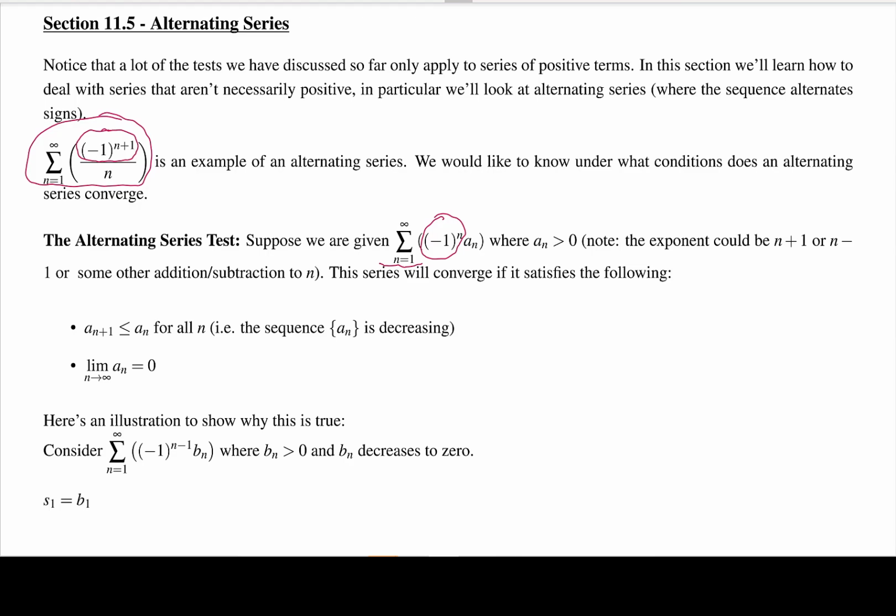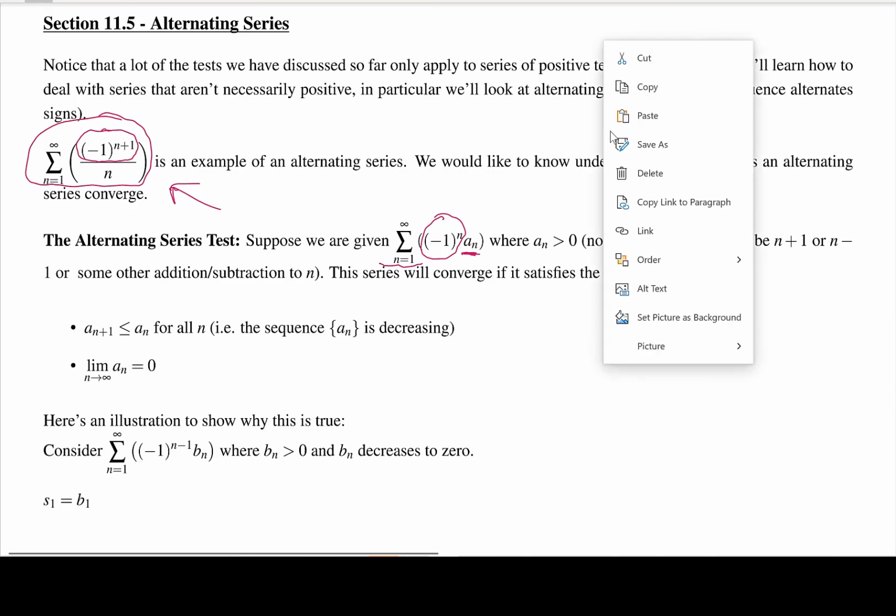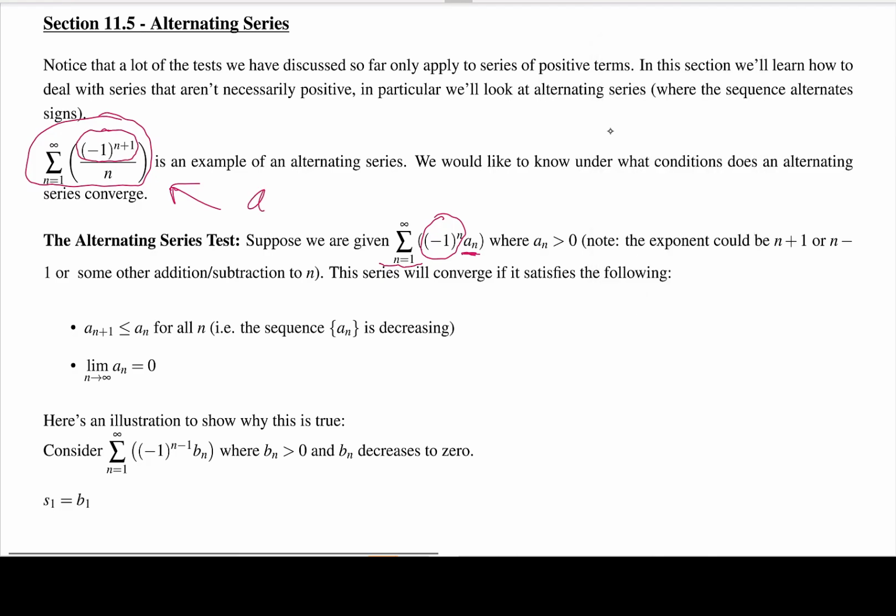And then times a sub n, where a sub n is going to be some sequence. So in this example right here, I would say that our a sub n is 1 over n, because then I have something that looks like this infinite sum of negative 1 to the n plus 1 times my a sub n.